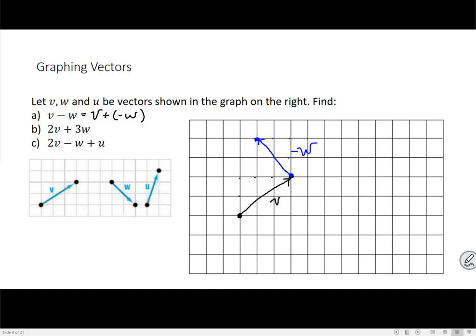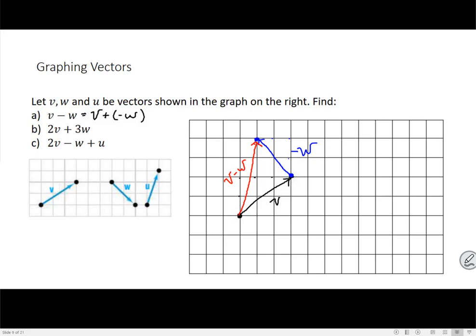So to get the vector that is v minus w, I have to connect the initial point of v to the terminal point of negative w. And then graphically, that is what the vector v minus w looks like in red.